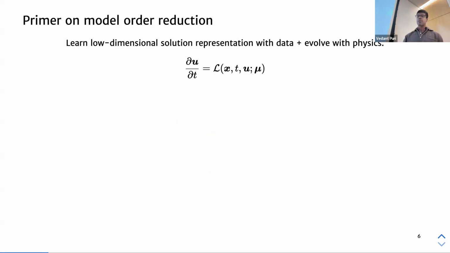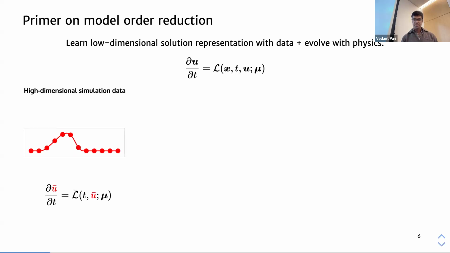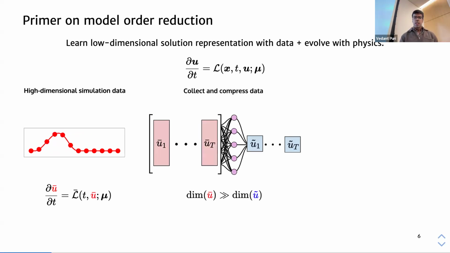For the given partial differential equation, as you have over here, first we solve the system of equations with high fidelity solvers, such as the finite element method. And of course, that employs a large number of degrees of freedom to discretize your solution. Then we assemble all of our snapshots and compress them jointly into a much lower dimensional representation.